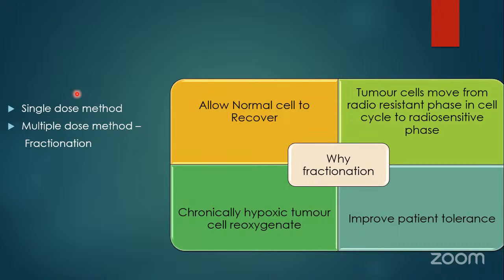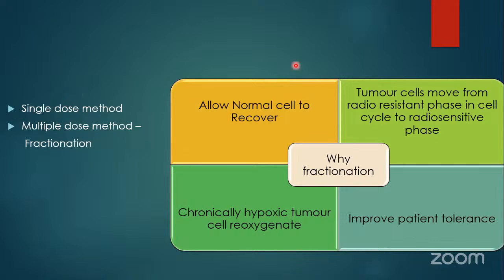So when you give it in fractions like that, you're allowing the cell cycle to take place. The normal cells will repopulate, grow and start to recover. And the cancer cells, like we saw, the cell cycle of the cancer cells, those that are dead will go off. But those that are repopulating have to come to the G2 phase, and then they'll be more radiosensitive, right? So you're allowing the normal cells to recover.